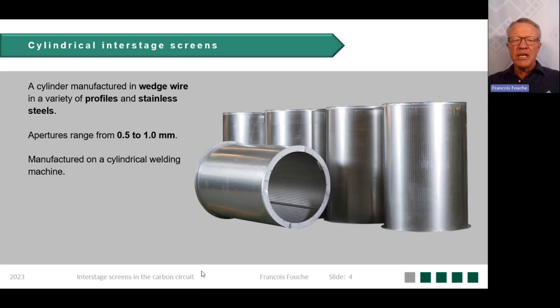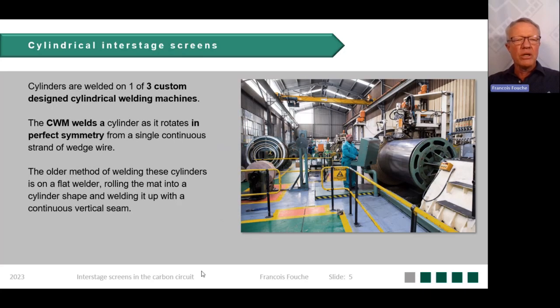And when it comes to the manufacturing, we weld them on any one of 3 custom designed cylindrical welding machines. This machine will weld the cylinder up as it rotates, and it does so in perfect symmetry from a single and continuous strand of wedge wire.